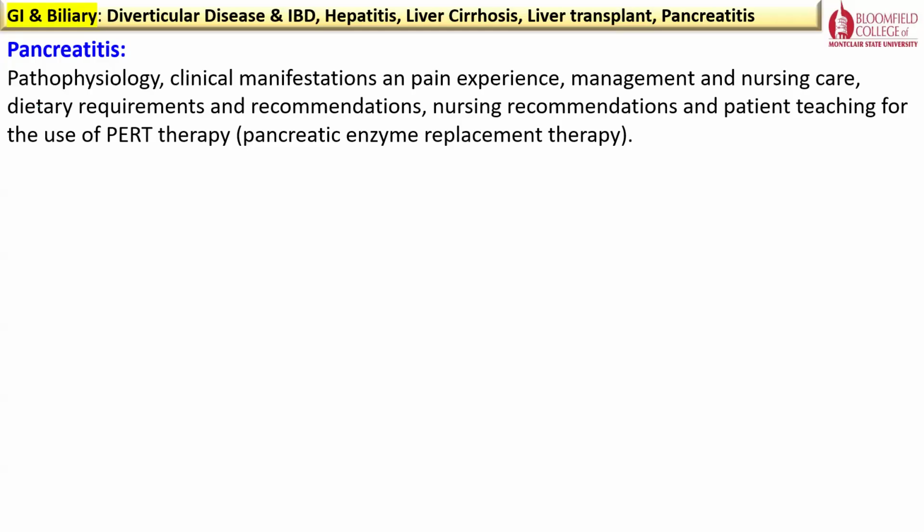The meals should include moderate to high carbs, high protein, low fat. So they'll be on small, frequent, moderate to high carb, high protein, low fat meals.